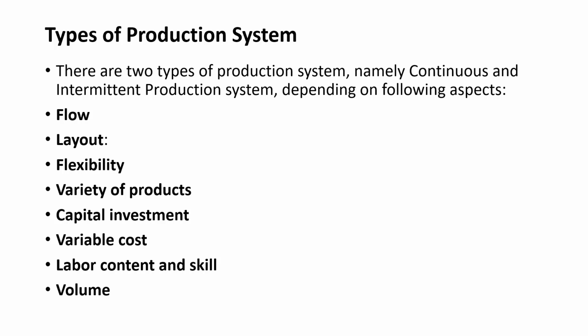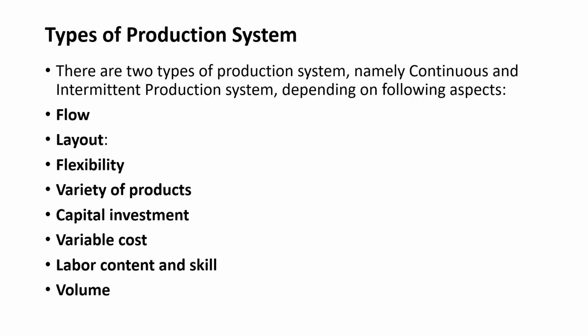Why? Because if any particular machine breaks down, or if any particular worker is absent, the work can be allocated to different equipment or a different worker. So flexibility is high with respect to process layout, but low with respect to product layout.